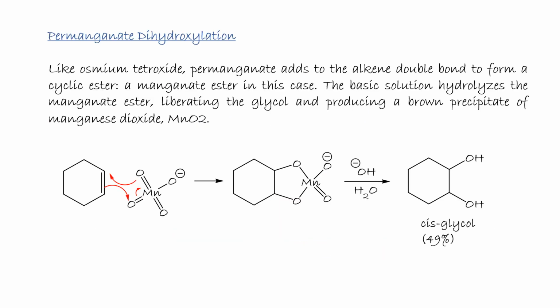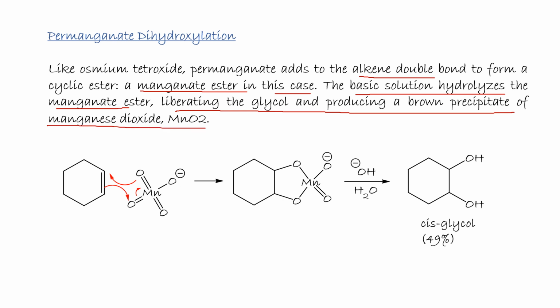Permanganate dihydroxylation. Like osmium tetroxide, permanganate adds to the alkene double bond to form a cyclic ester, a manganate ester in this case, not osmate. A basic solution hydrolyzes the manganate ester, liberating the glycol and producing a brown precipitate of manganese dioxide.